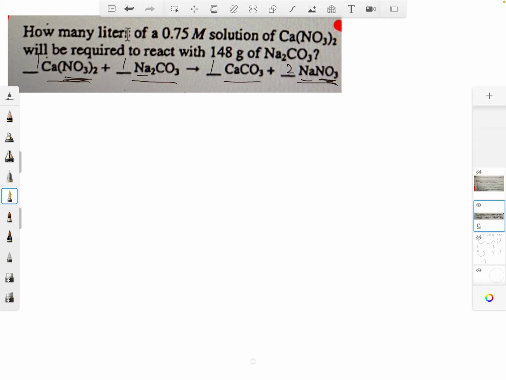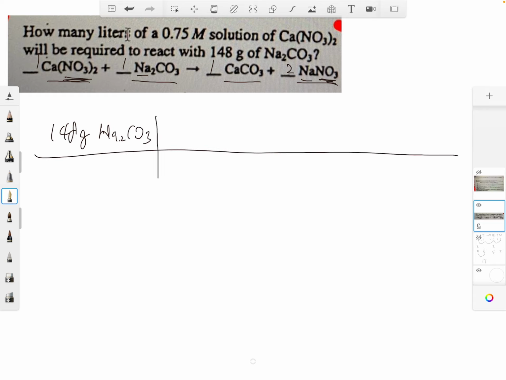Now, we know there are 148 grams of Na2CO3, and we know that the molecular mass of this compound is 105.99.